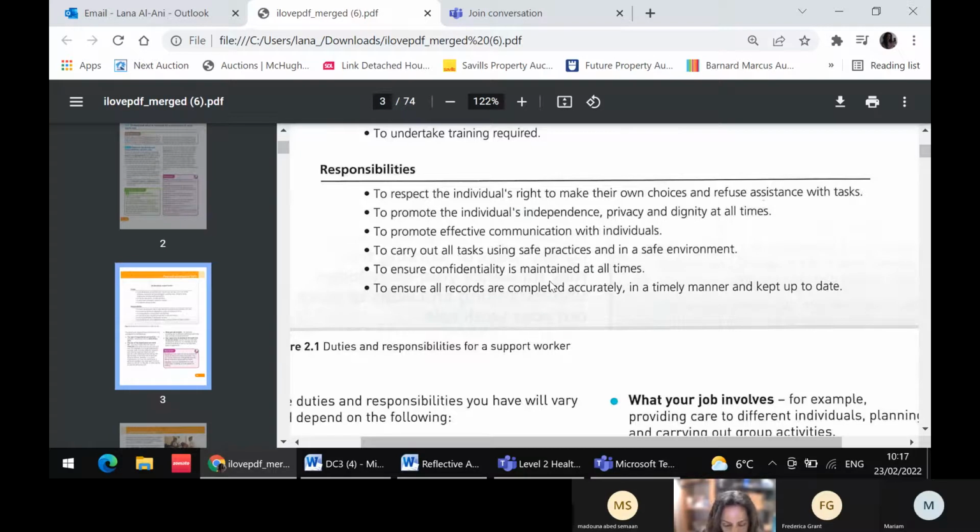So we are always very confidential with their information. We don't pass it on unless it's required, and we ensure their records are always completed accurately.